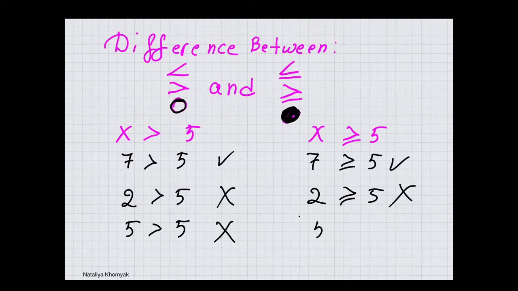Let's check 5. 5 greater than or equal to 5. 5 is not greater than 5, but 5 is equal to 5, so this is a true statement. That's the difference between filled-in circle and empty circle. You can use the number itself and it will still be a true statement.